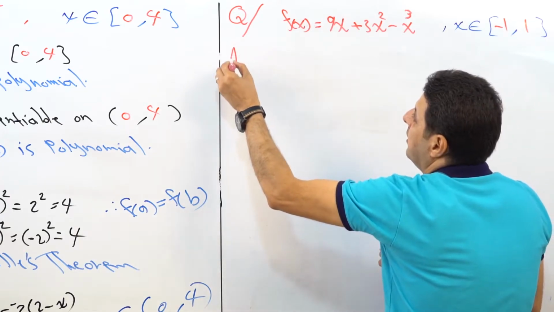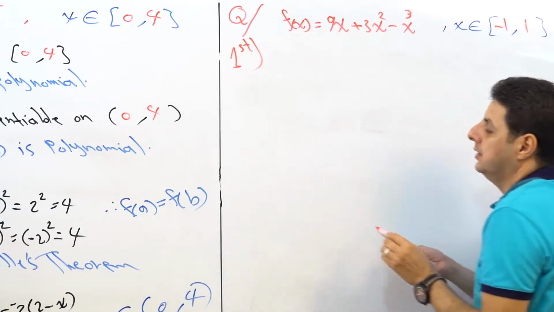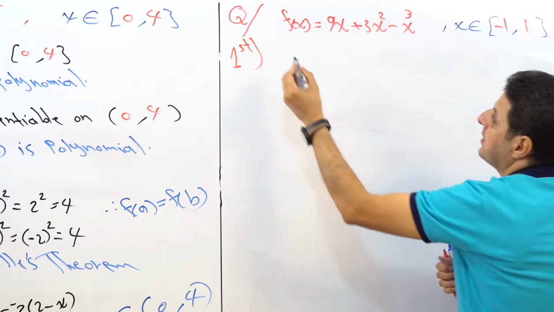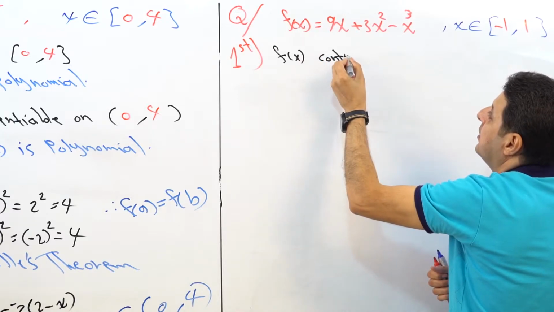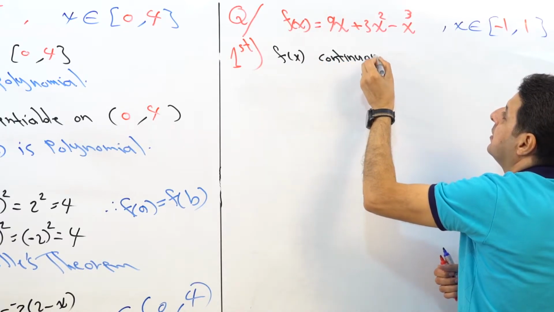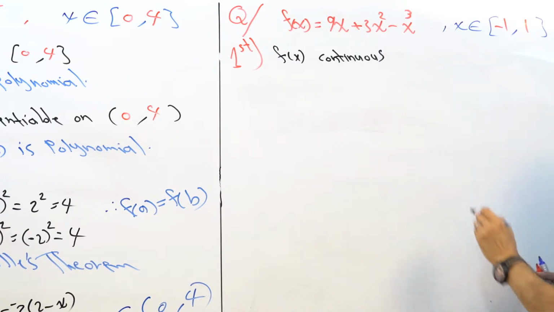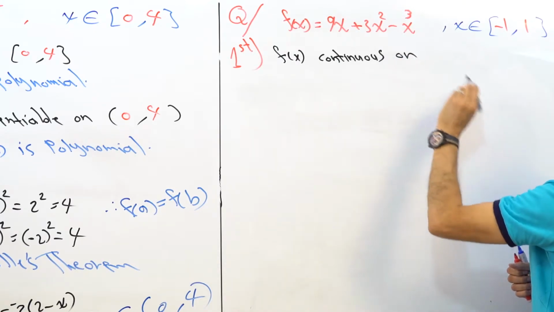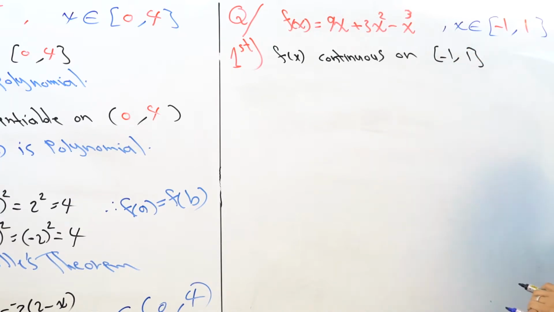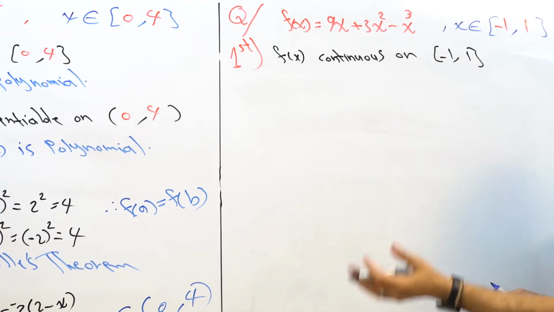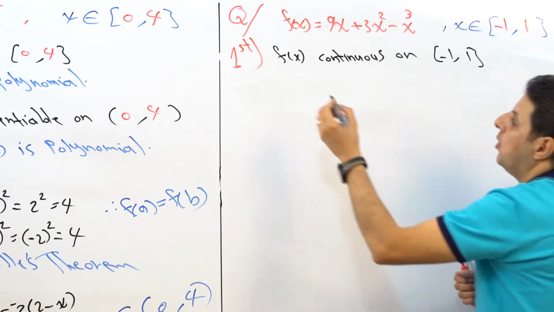First condition: f of x is continuous on the closed interval [-1, 1]. Why?